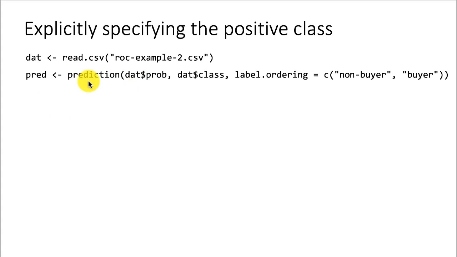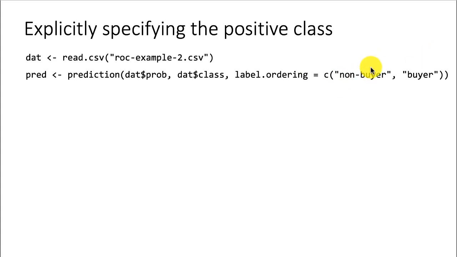The way you specify that is when you create your prediction object, you say dat$prob, the name of the probability column in this data frame, and dat$class, the name of the class column. Here is where we explicitly specify the positive class: label.ordering in this class column. The labels are non-buyer and buyer, and the ordering is non-buyer, buyer.